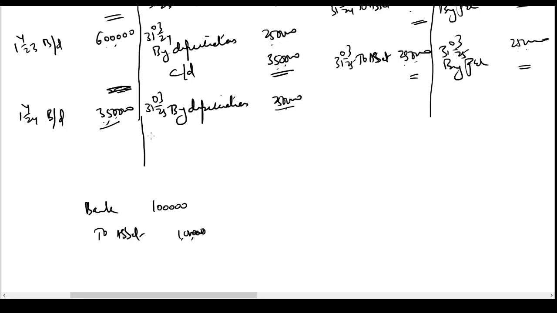So I'll pass here 31st March 25 by bank 1 lakh. At the end of the year I have sold the asset. Now the account will close because we have sold the asset exactly for the estimated scrap value. Only scrap value was left here. So there is no profit or loss on sale of the asset, and we have been able to charge depreciation equally.